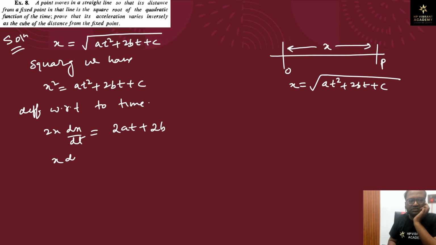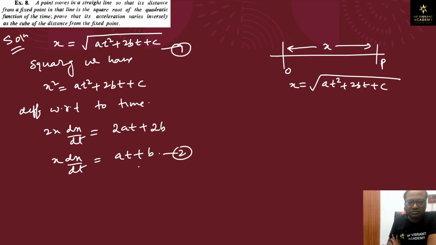So we have x dx upon dt is equal to at plus b. Let us take this as equation 1 and this as equation 2. So we have dx upon dt is equal to (at plus b) upon x.